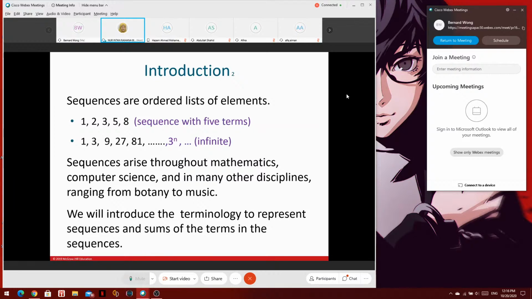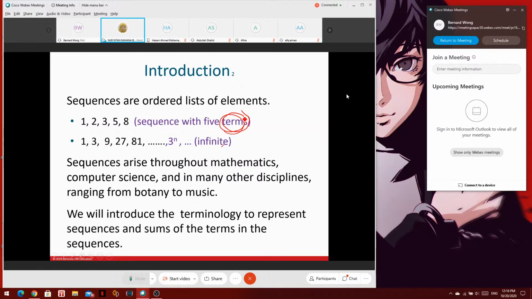When we say list the sequence of 3 terms, it means that you need to have those elements. Remember that this one is not a set. For a set, you will use the term elements, but for sequences, we use the term terms.